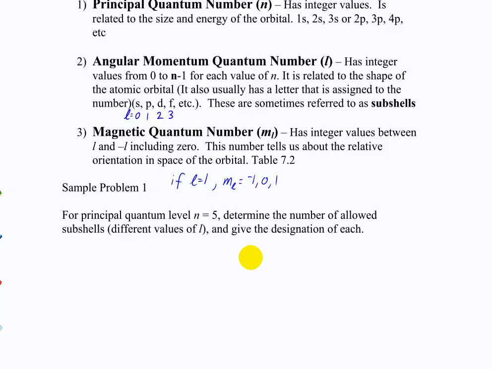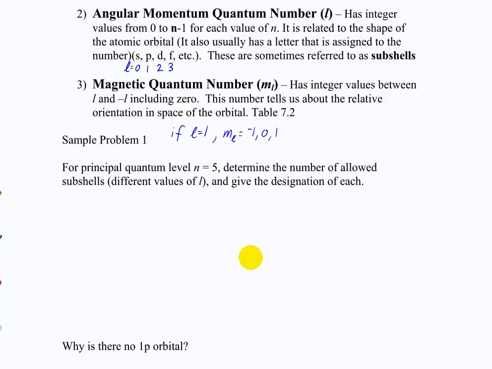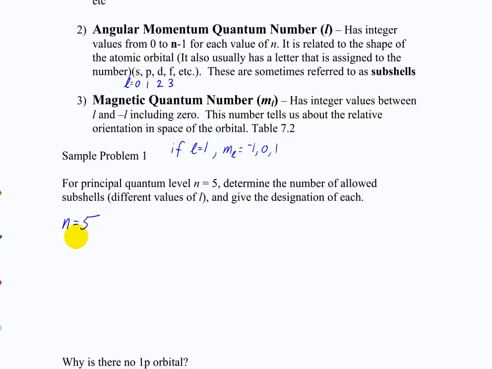So let's break this down for an example of quantum number n equals 5. So in quantum number n equals 5, how many subshells can you have? How many different values of L can you have based on the rules there? Well, you can have 5, but they go from 0 to 4. Okay?